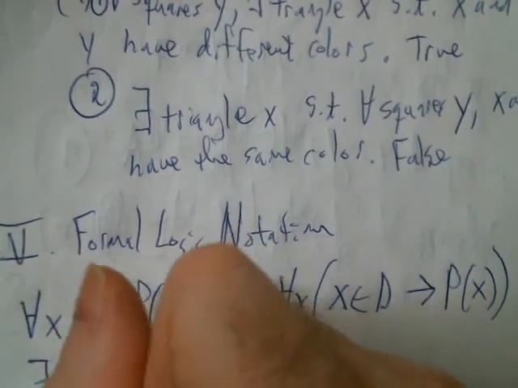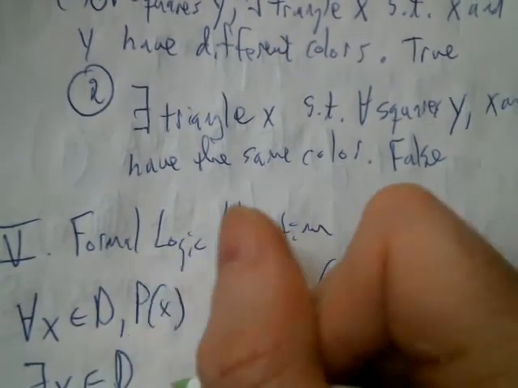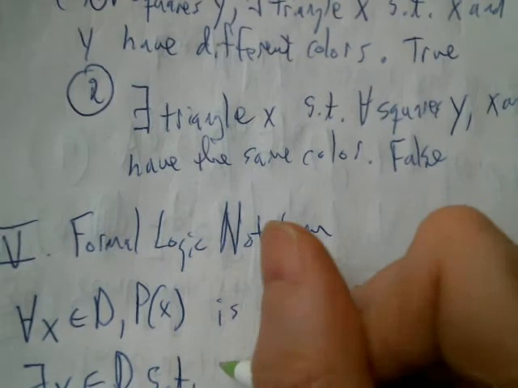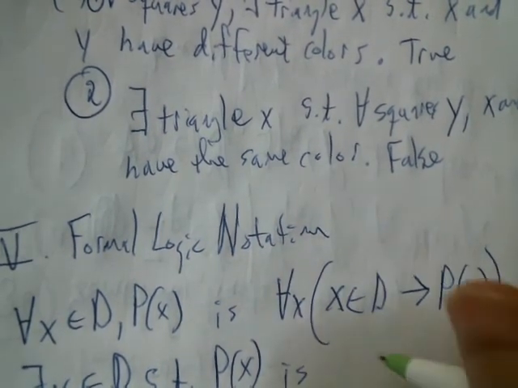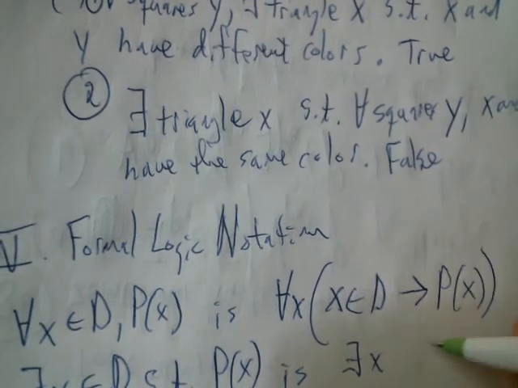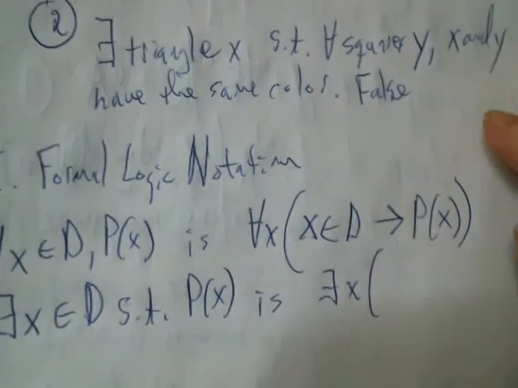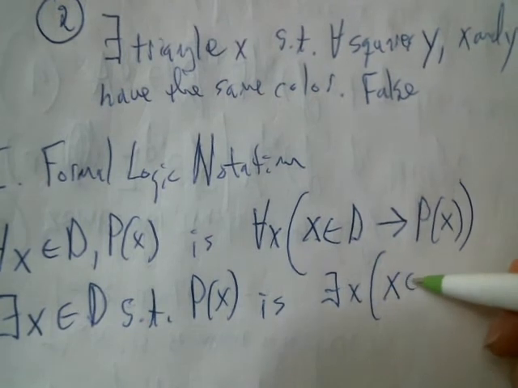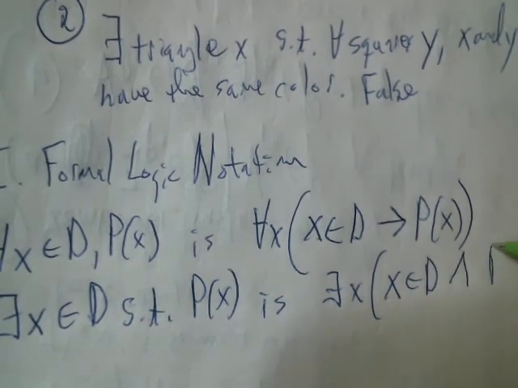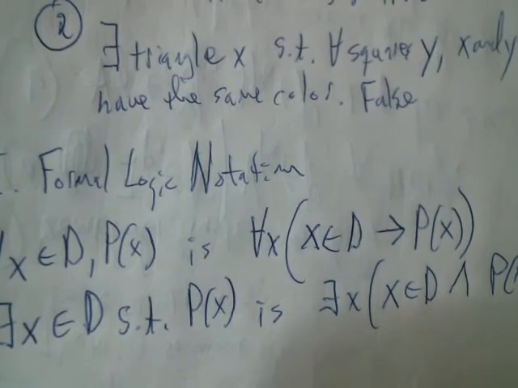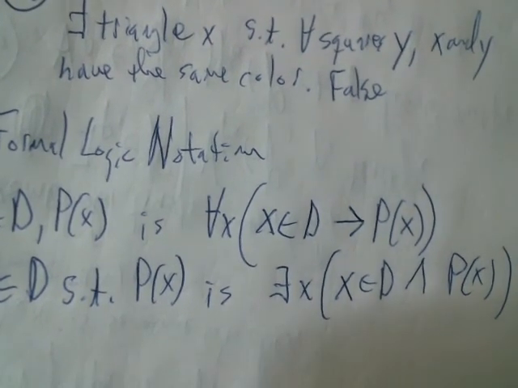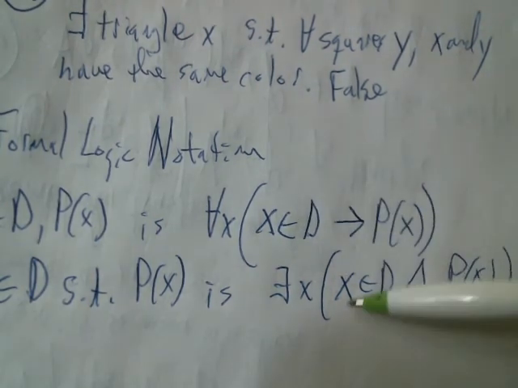And then the existential as an and statement. This is there exists an x such that x is in D and this other predicate holds. Okay, so I think we've done that before. This is a little bit more formal logic notation with the parentheses.